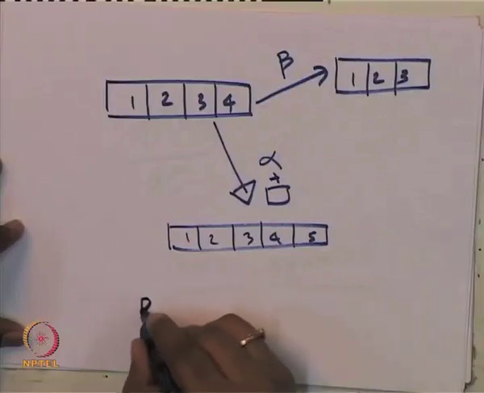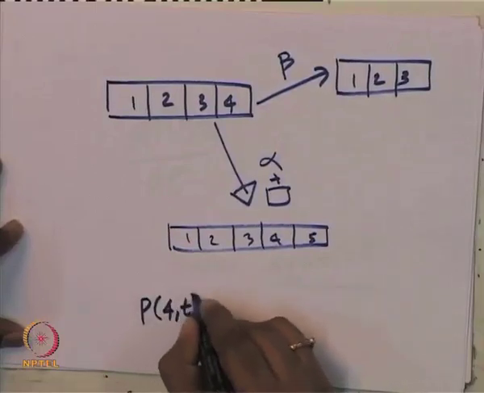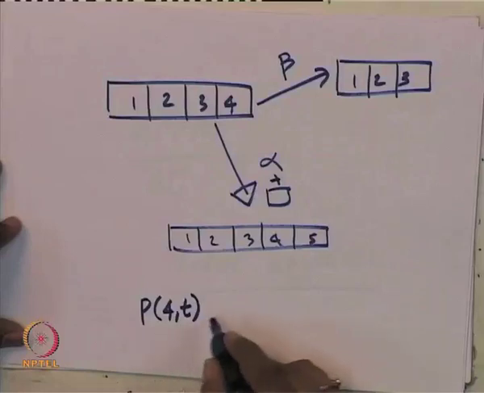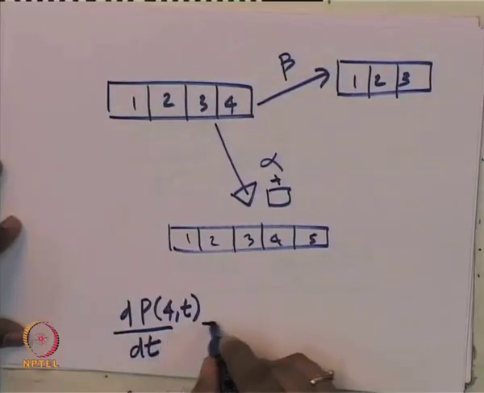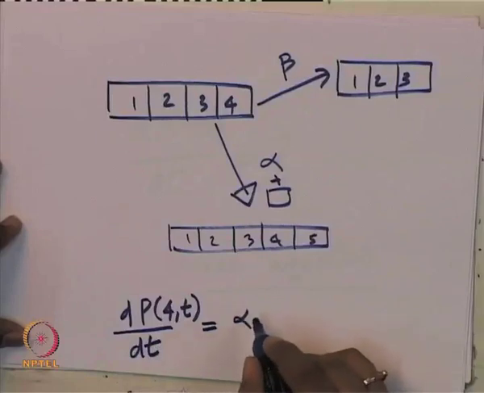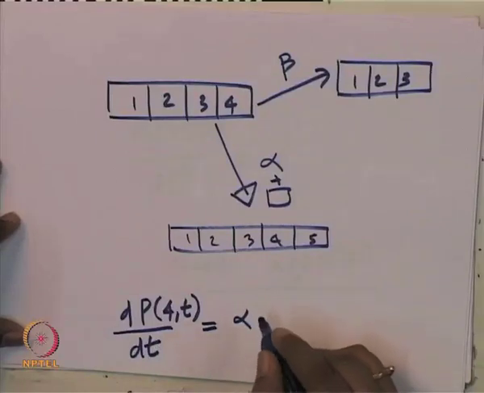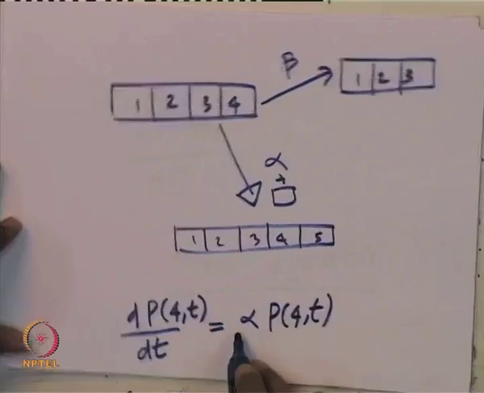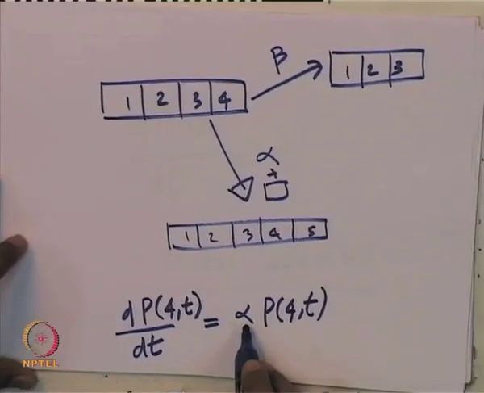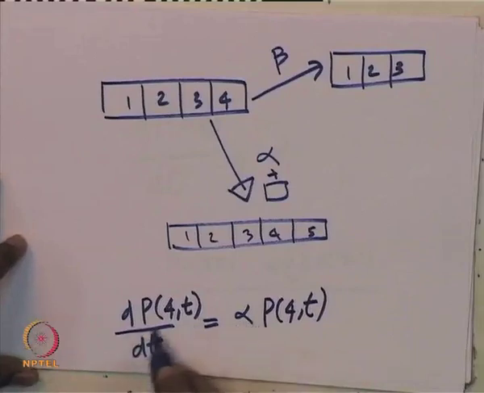So, if you had 4 of them at a particular time t, this will change through alpha. By doing an alpha, this probability changes.